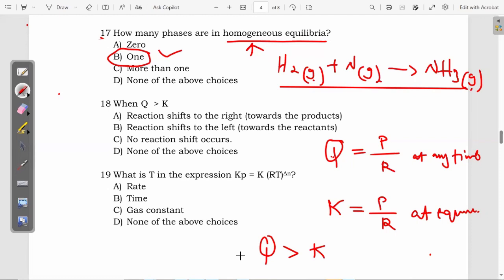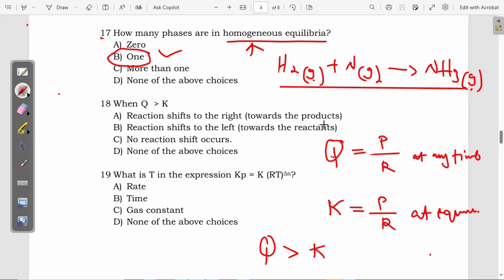When Q is greater than K, it simply means that the ratio of the products to the reactants is too high. So we have more products in the reaction.